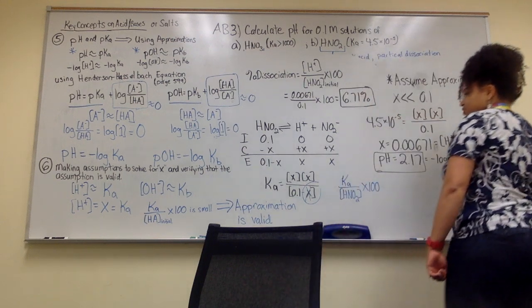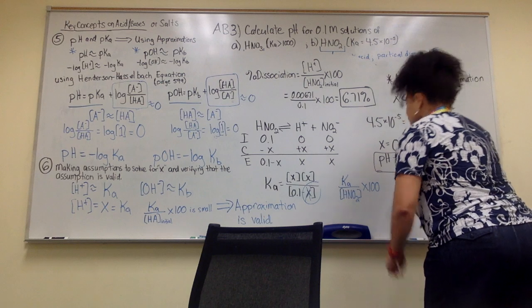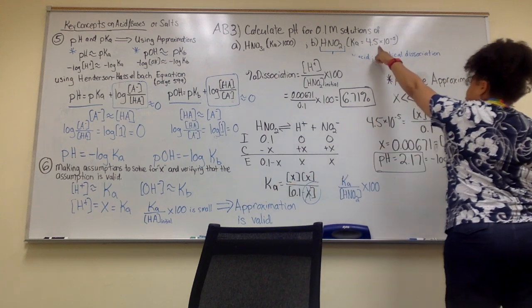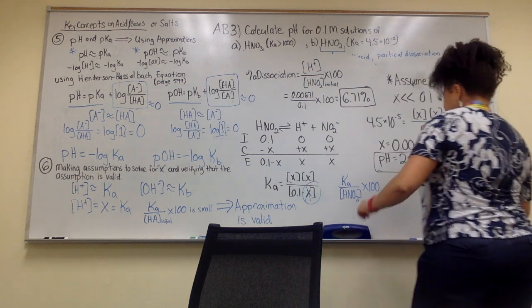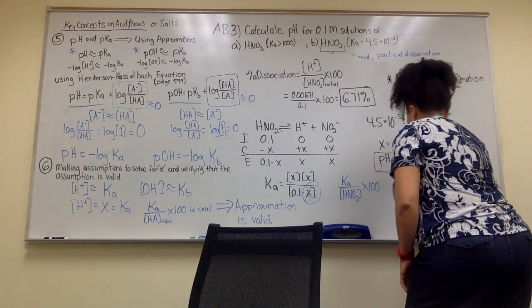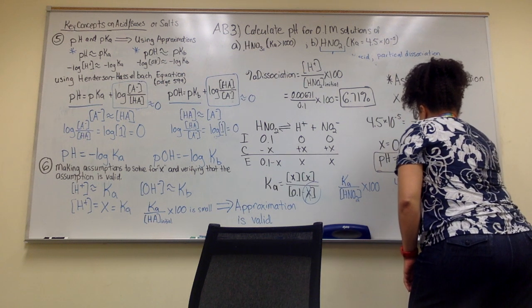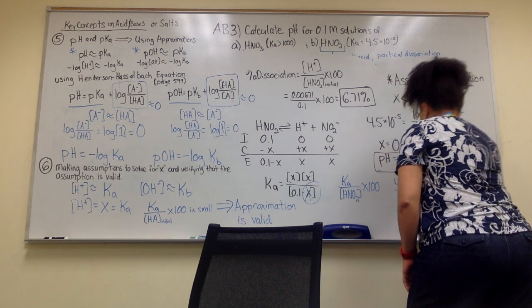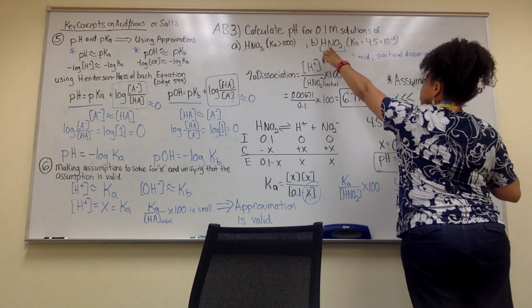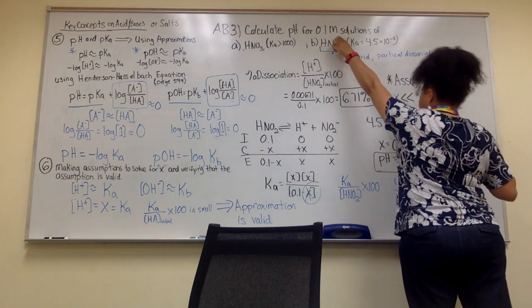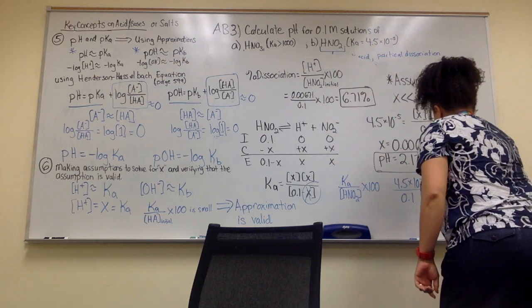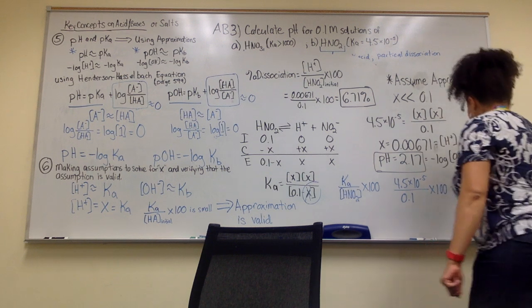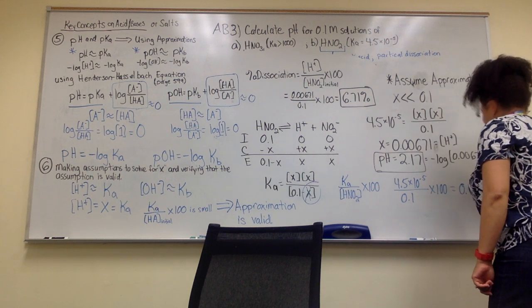And we see what that equals. So then we say the Ka here is given up here. That's 4.5 times 10 to the minus 5. 4.5 times 10 to the minus 5 divided by 0.1, because the initial concentration of weak acid is 0.1, times 100. And when we calculate that out, we get 0.45%.